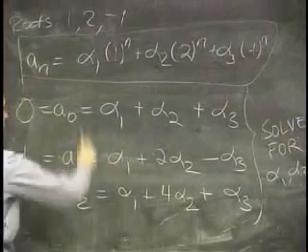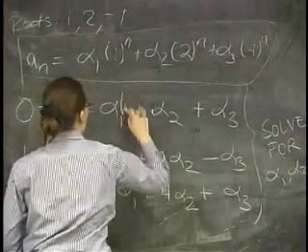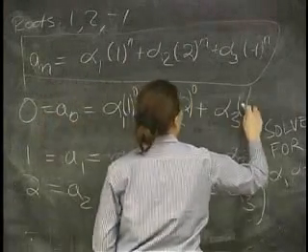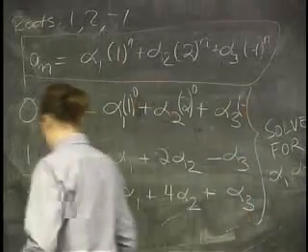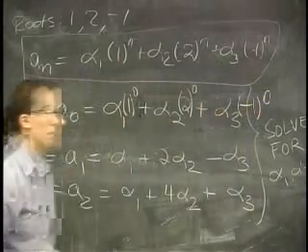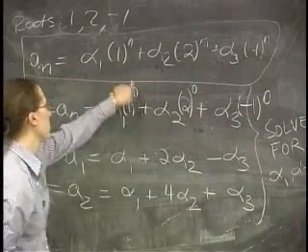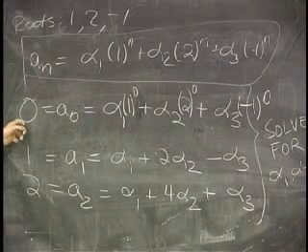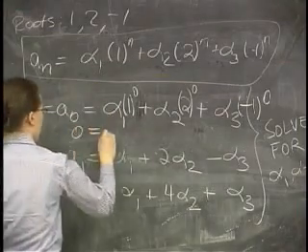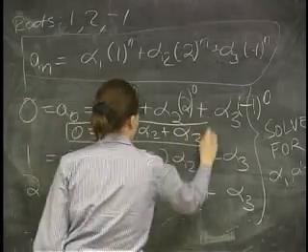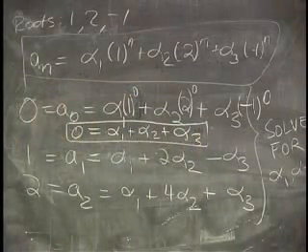When I plug in 0, this is alpha 1 times 1 to the 0, plus alpha 2 times 2 to the 0, plus alpha 3 times minus 1 to the 0. Now 1 to the 0, 2 to the 0, and minus 1 to the 0 are all 1. And I assume from the beginning that this is equal to 0. So I get the equation 0 equals alpha 1 plus alpha 2 plus alpha 3. And that's from one of my initial conditions.